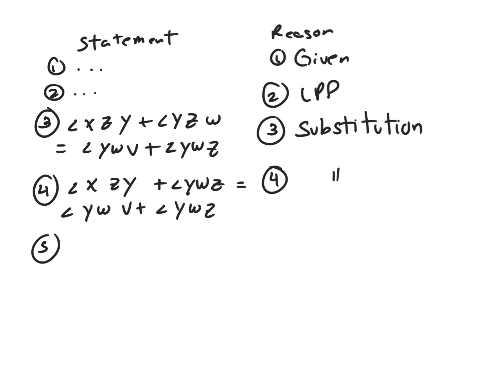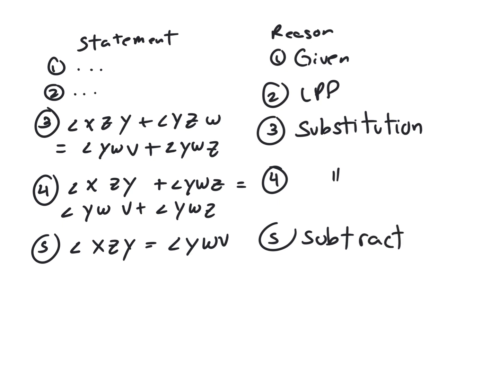For number 5, I'm going to actually use subtraction. So I'm going to get rid of some stuff that I have up there in step 4. So I'm going to get that angle XZY equals angle YWV. So subtraction, POE, property of equality, for you guys who don't remember.